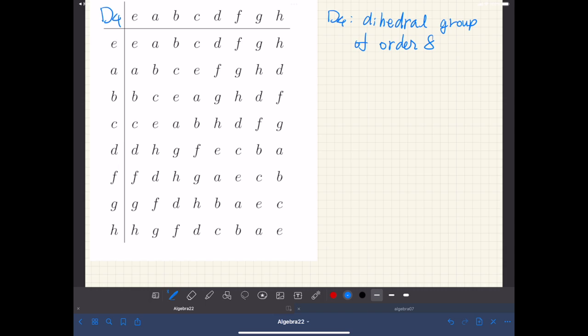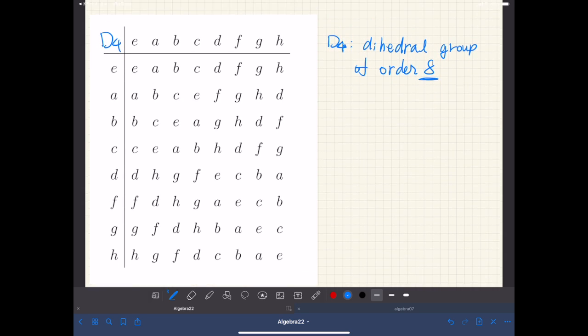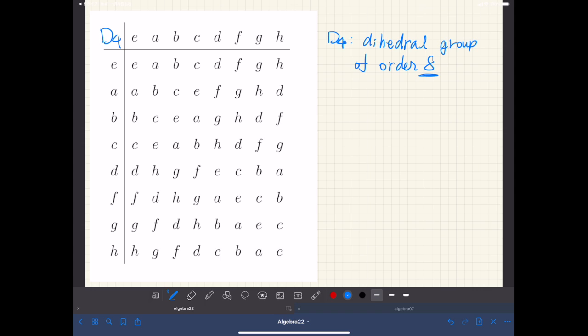So it's written 4 here, but its order is 8. Here, please try to find the subgroups of this group. There are 8 elements: 1, 2, 3, 4, 5, 6, 7, 8.